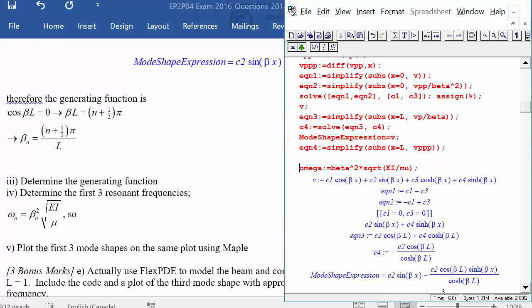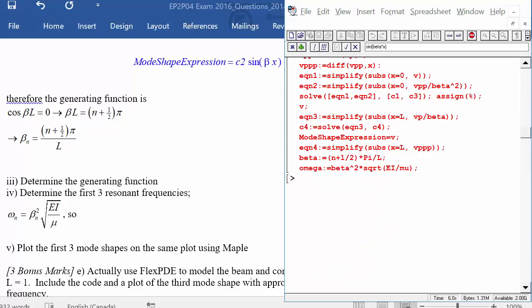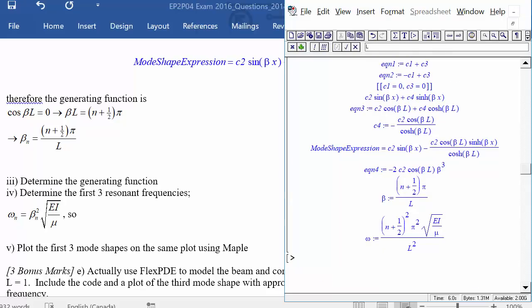And beta is equal to n plus a half times pi by L. Okay, so there's any resonant frequency.